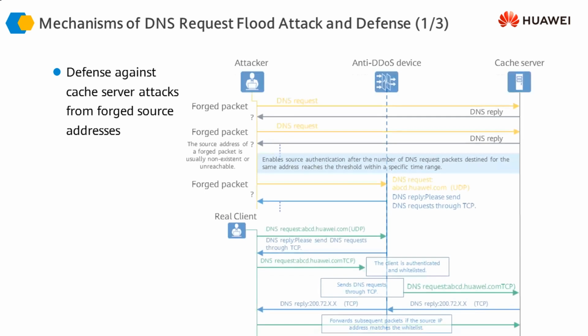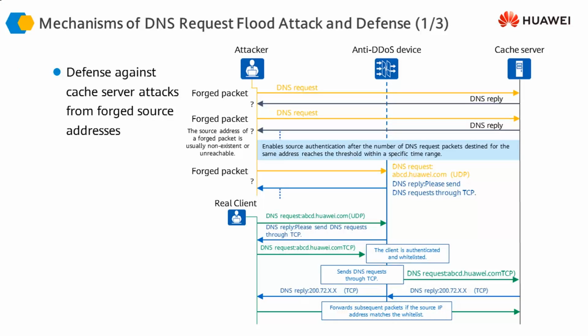The first attack that we are looking at is an attack which is targeting the cache server. Here an attacker is targeting a DNS cache server, and we can see that it is sending fake requests to the DNS cache server, coming from a forged source IP address.